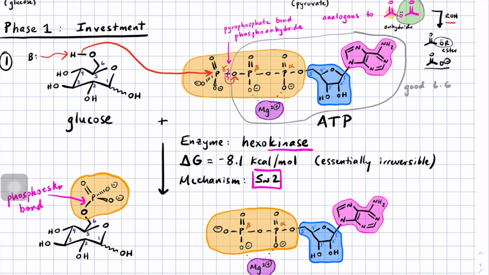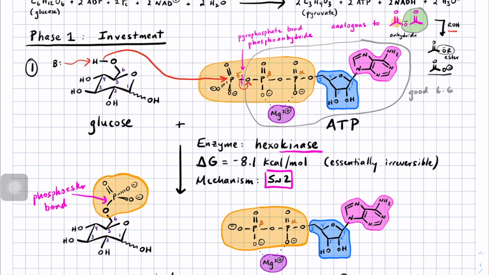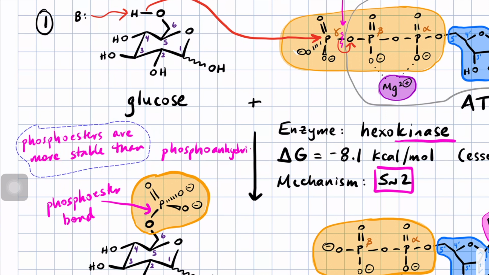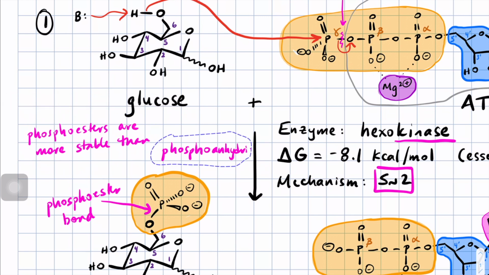And just as esters are more stable than anhydrides, phosphoesters are more stable than phosphoanhydrides.